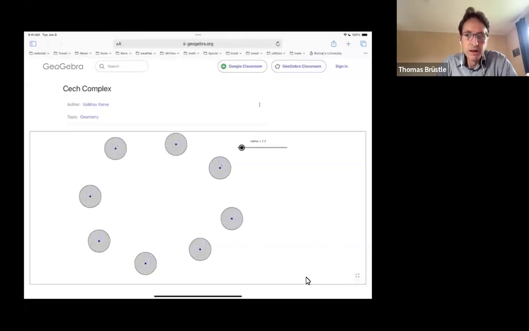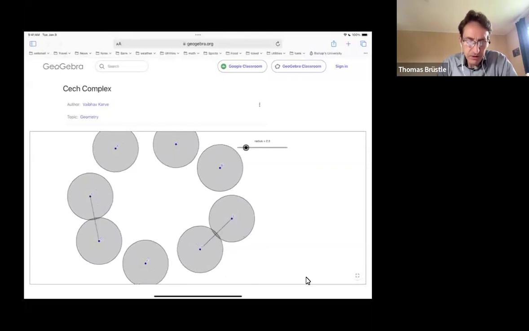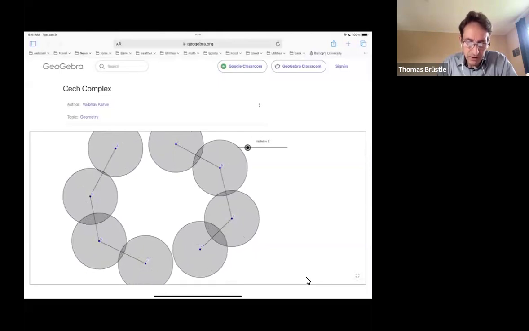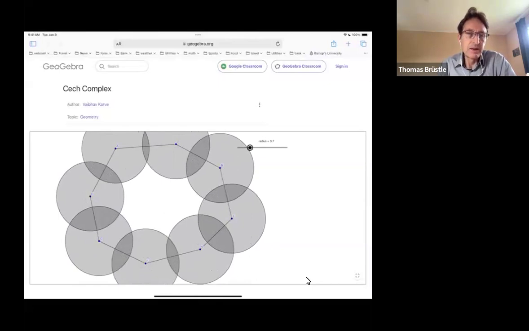You see what's going on? I increase the radius, a ball around each point of a certain radius. And when the radius is large enough, those balls start to connect. And the app here gives you the complex of the connections, the nerve of this topological space. And when we increase it large enough, then suddenly we find something that looks, as a topological space, like a circle.